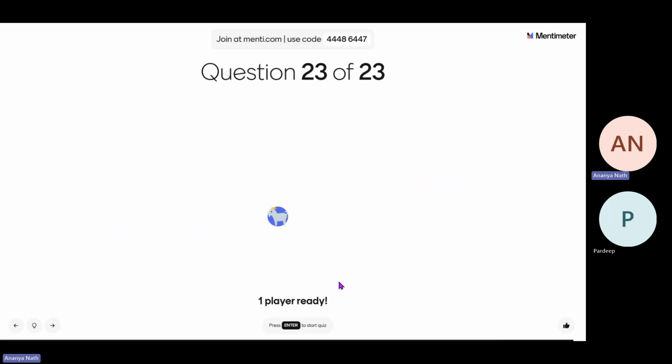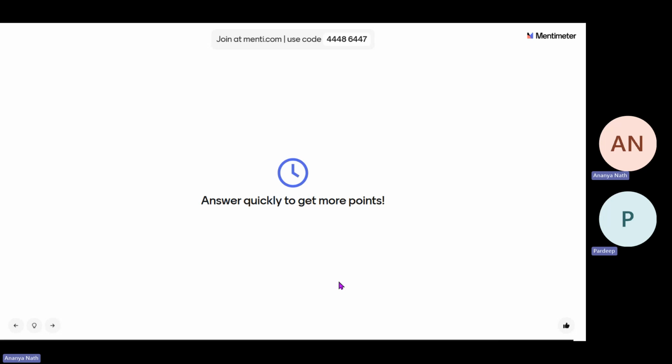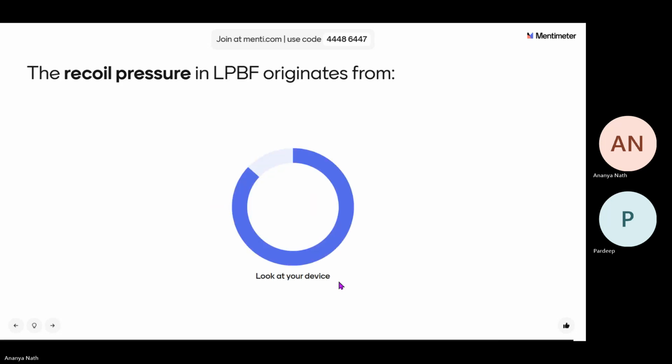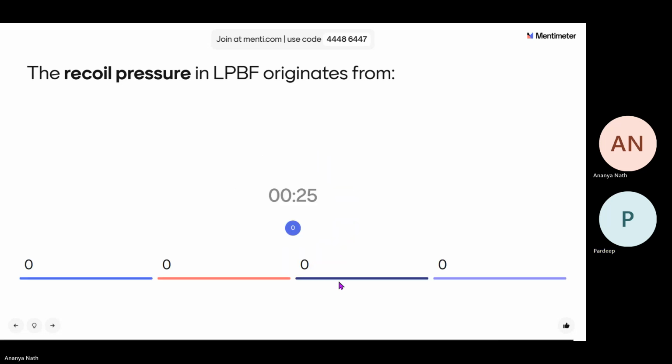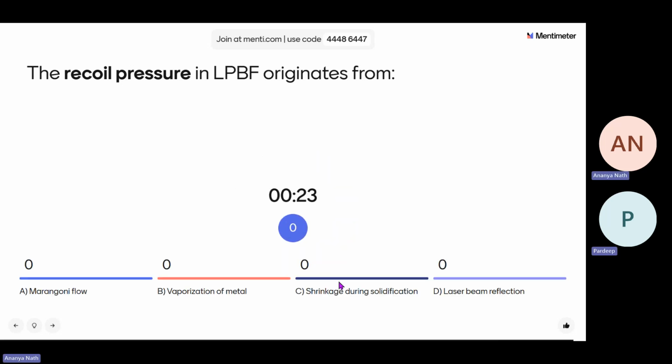Okay, next and last question. Recoil pressure. Recoil pressure. It's the toughest question. I purposefully put it at the last. So when you're melting the powder using laser, there are multiple heat transfers going on.